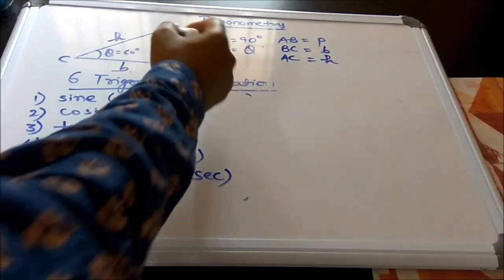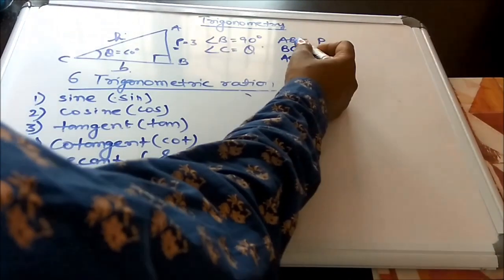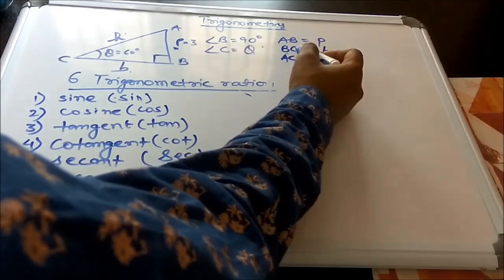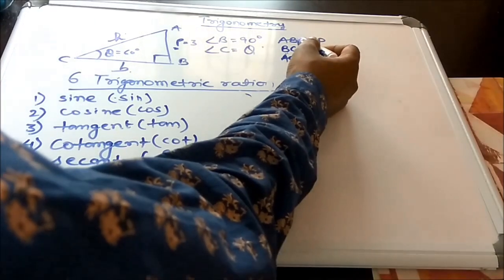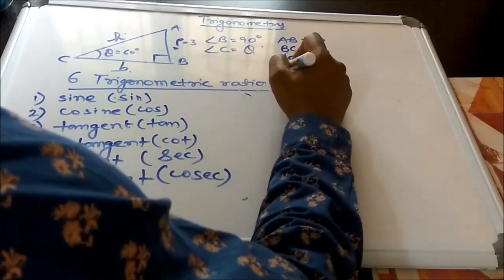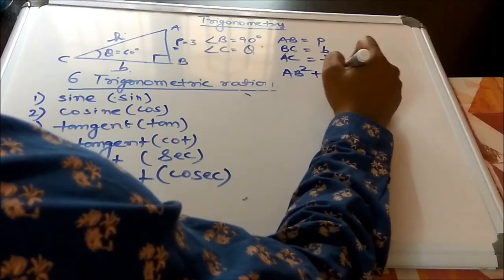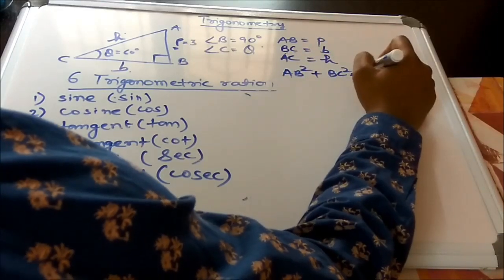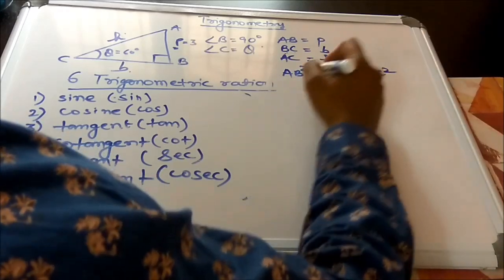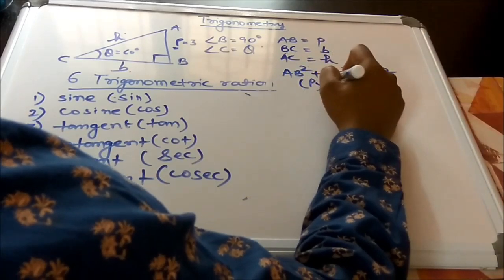So in this triangle, AB and BC are the sides containing the right angle. As per the Pythagoras theorem, square of AB plus square of BC should be equal to the square of AC. This is the Pythagoras theorem.